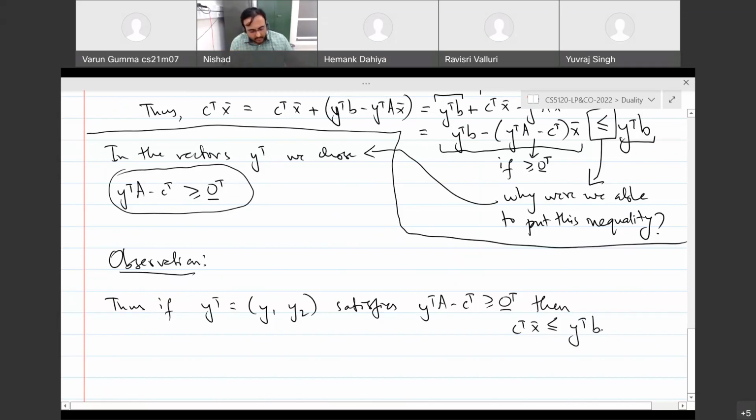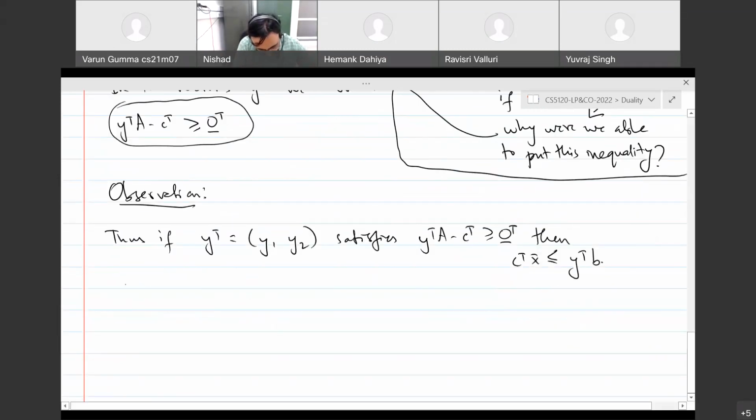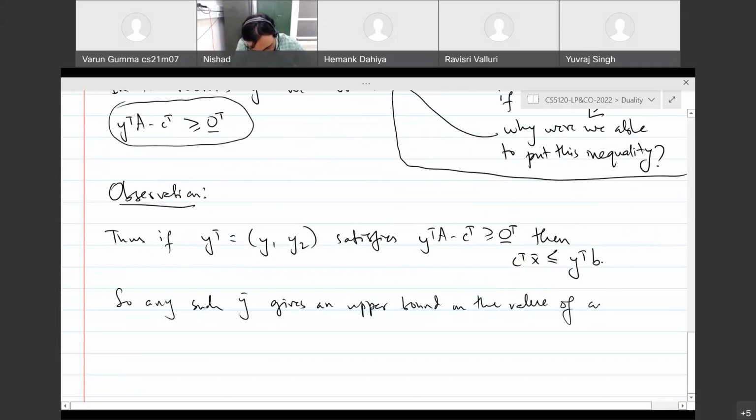So any such y bar gives an upper bound on the value of any optimal solution. Let me actually remove y1, y2 because this is applicable to any number of constraints, so it is in the appropriate dimensions.